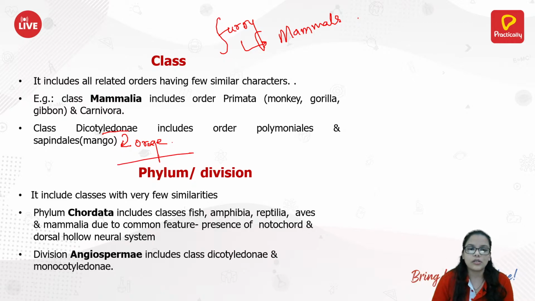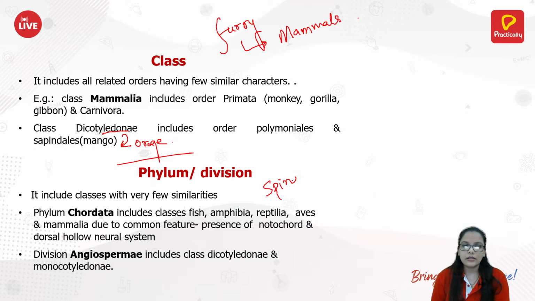They're all dicots. Phylum. This is one of the last ones. When you have one or maybe two similar characters. Suppose we all have vertebral column, we all have spinal cord.